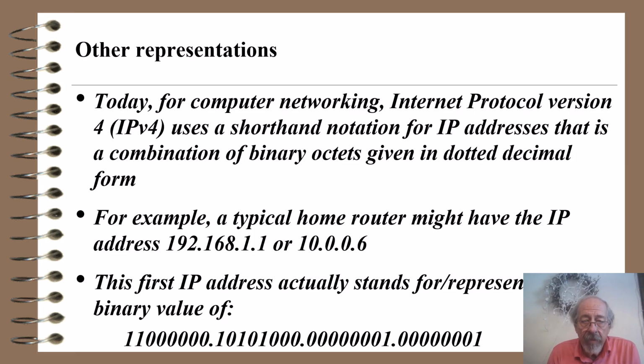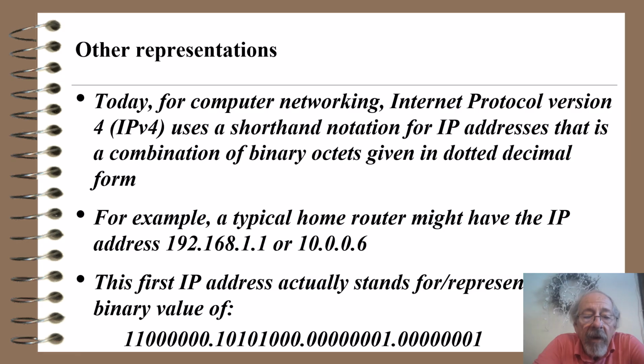For example, a typical home router might have an IP address of 192.168.1.1, or the router might have an IP address of, say, 10.0.0.6. This first IP address above actually represents the binary value of, and notice I've written it out as 32 binary bits, 4 groups of 8 binary bits, or 32 bits.